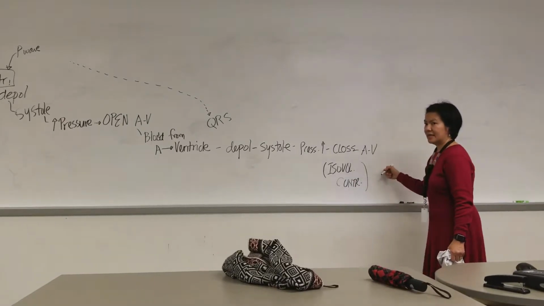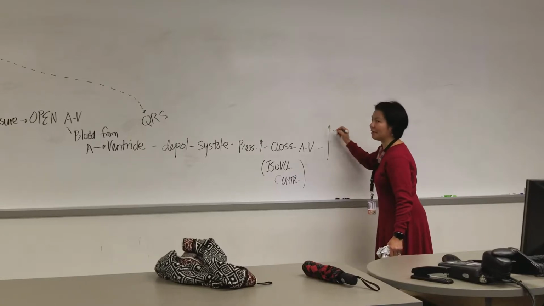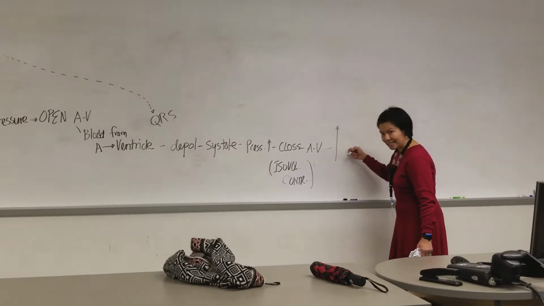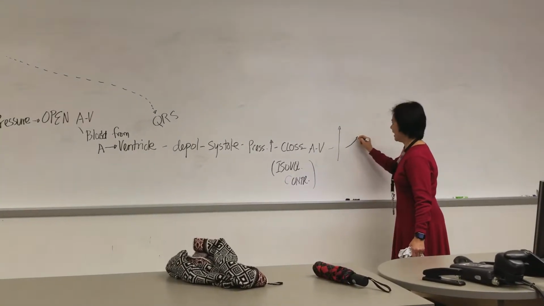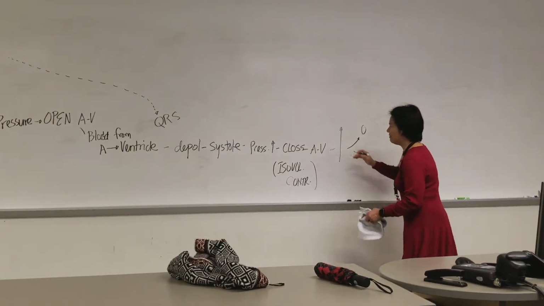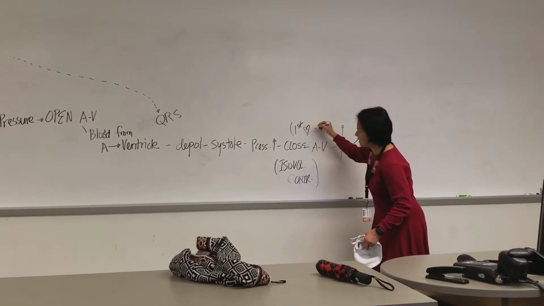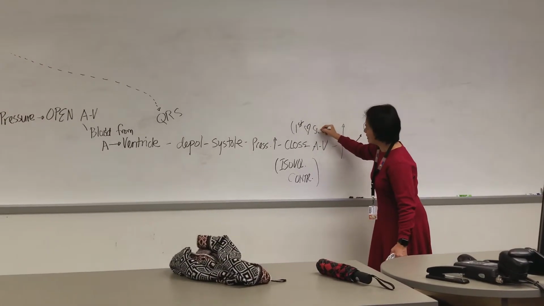Right? And then pressure keeps going up. Finally, it will be enough to push a closure of the AV valve, also called the first heart sound, right? That's your lub, right? First heart sound.